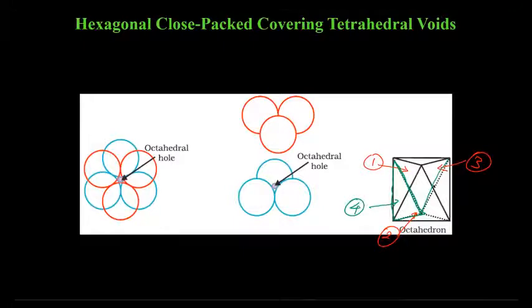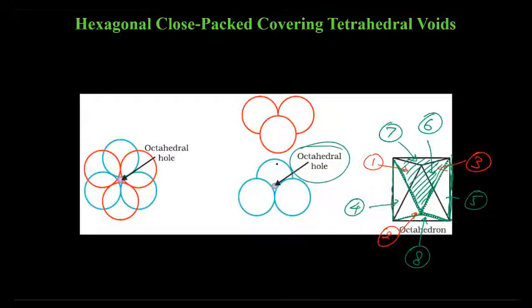Then on the back side you have this face, the fifth face. Then on the back side you have this face, the sixth face. And then you have top and bottom. Total eight faces. That's why it is known as an octahedral void.